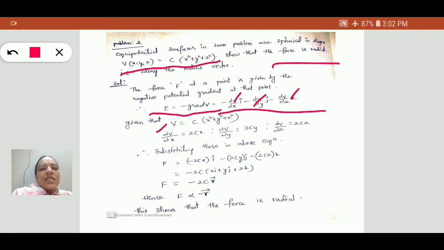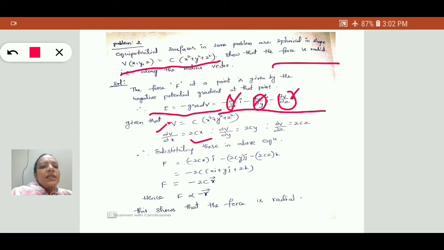See, the potential function is given as V is equal to c into (x square plus y square plus z square). So we need from this potential function dou V by dou X, dou V by dou Y, dou V by dou Z. What is dou V by dou X here? If we take the partial derivative of this potential function with respect to x, we get 2cx.